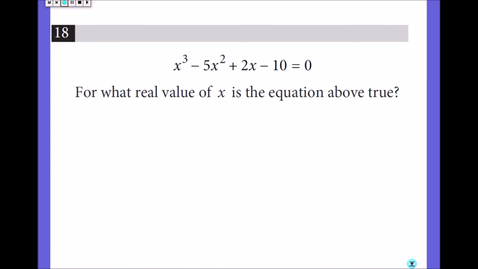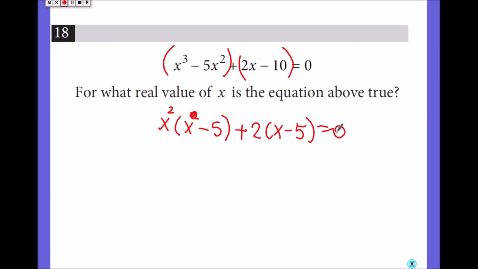If it was quadratic, it would be easier, but here, there must be a way to do it. So let me go ahead and factor these by grouping. I can take out x squared, then it's x minus 5 plus 2x minus 10. Oh, I already see the pattern. It's x minus 5 equals 0. So I can take out x minus 5, which they have in common. Then I'm left with x squared plus 2 equals 0.